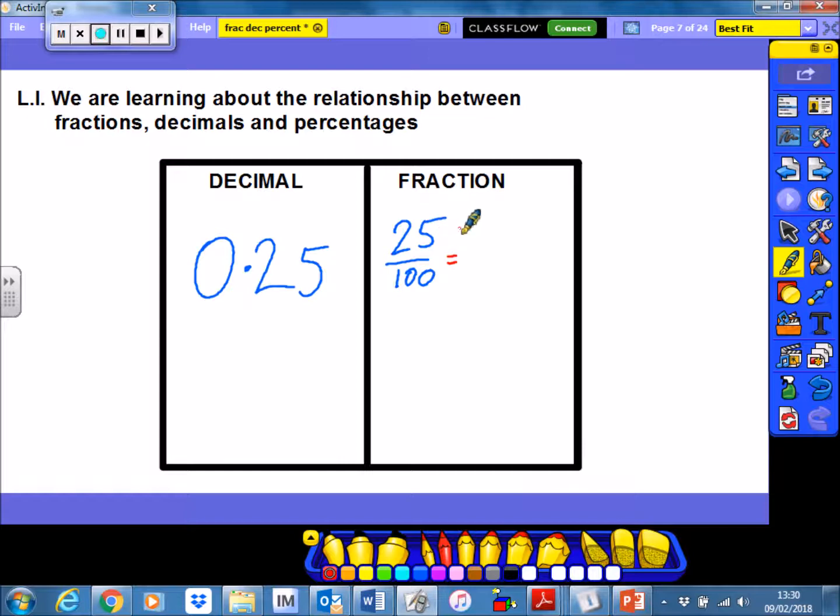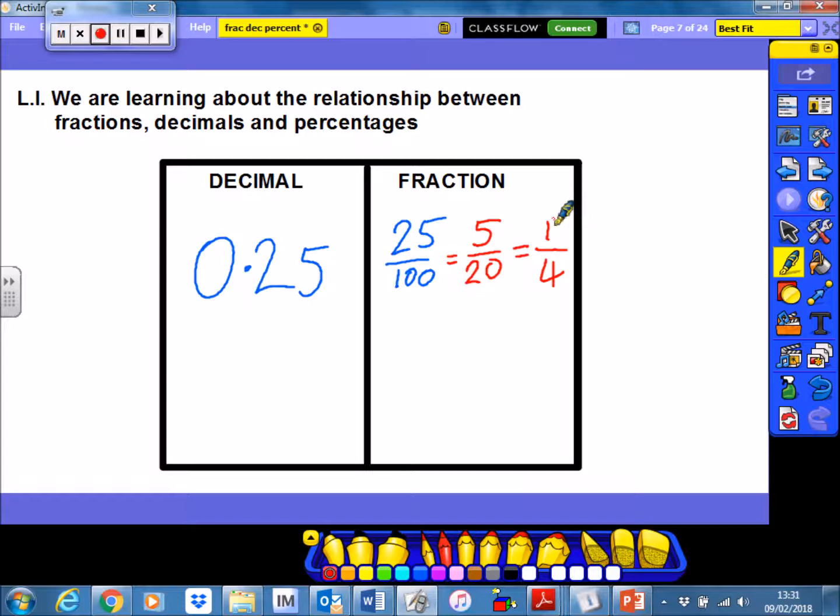How many 5s are in 25? 5 of them. How many 5s are in 100? 20 of them. Then I just simplify it again, dividing by 5 one more time. How many 5s are in 5? 1. How many 5s are in 20? 4. So we realize that 0.25 is the same as a quarter.